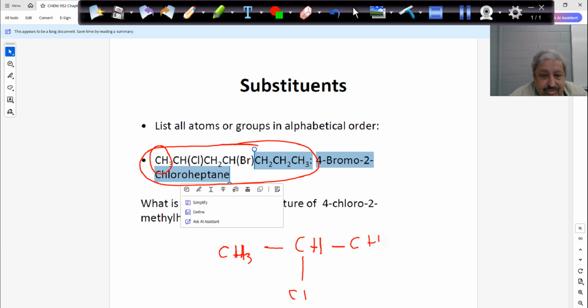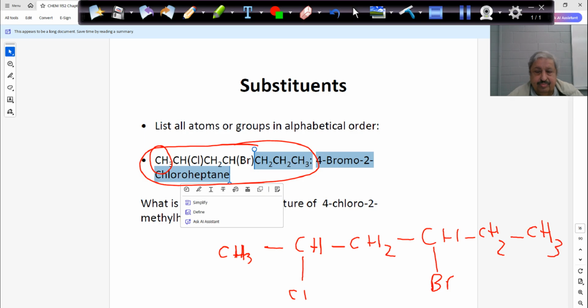Then I have CH2, CH, and I have Br, then I have CH2, CH3. Okay, guys? Now, if you look at this, the first thing to name those types of compounds, whether they are alkanes, alkynes, in general the hydrocarbons, I look at the number of the longest chain. So look at the longest chain.